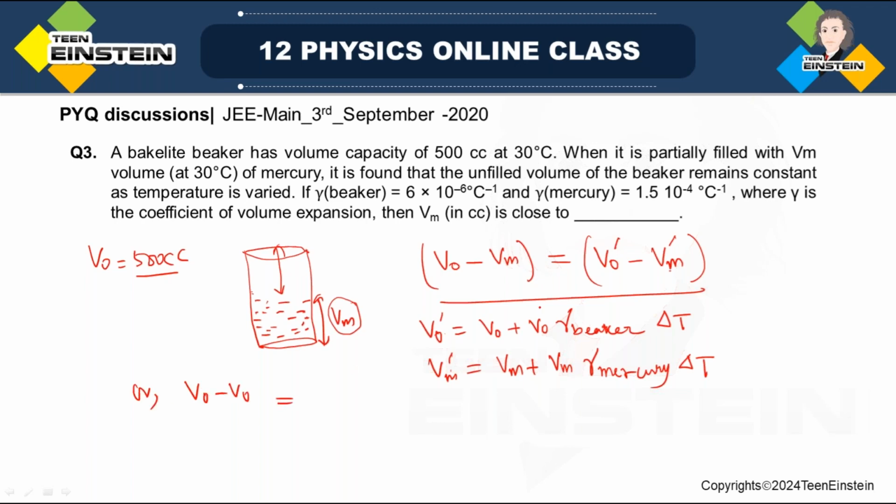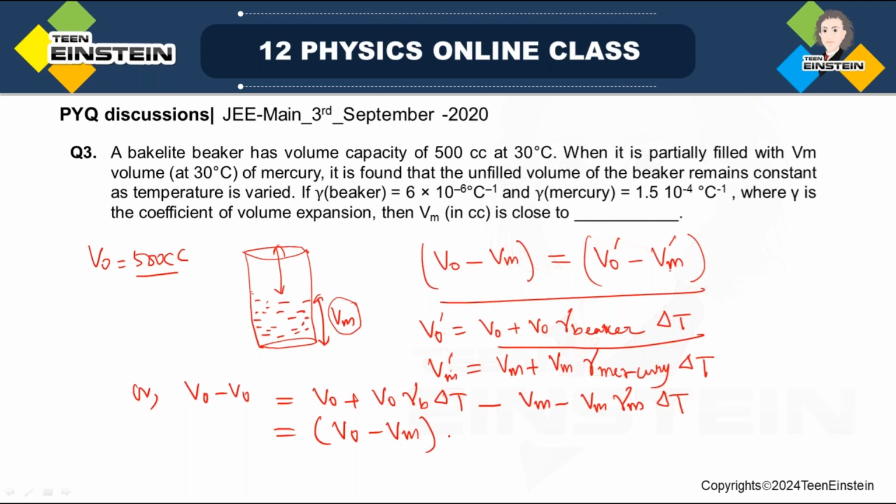On the right hand side, I put these values: V0 plus V0 gamma B delta T minus Vm minus Vm gamma M delta T. So V0 minus Vm, I can make them separate, plus V0 gamma B minus Vm gamma M into delta T. This is my equation now.